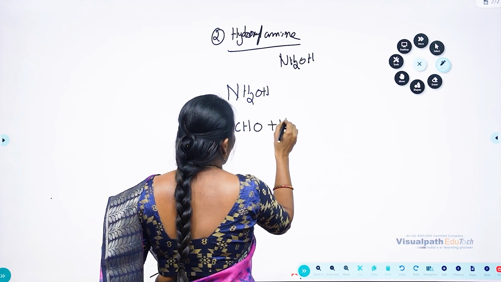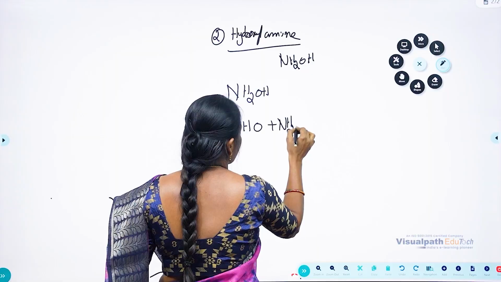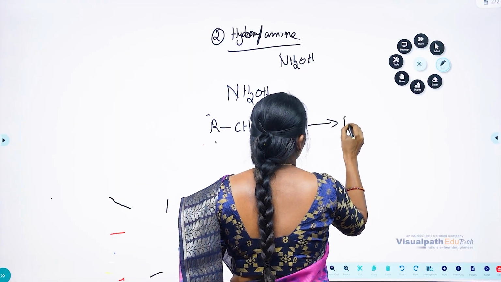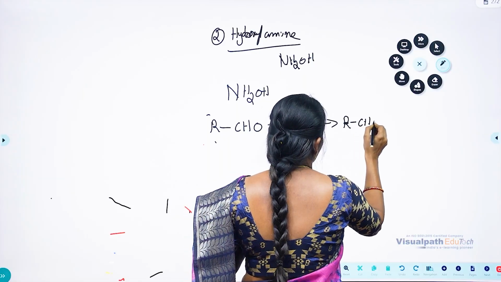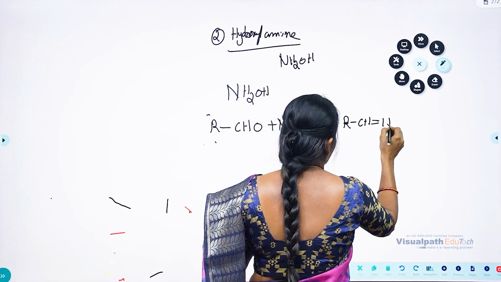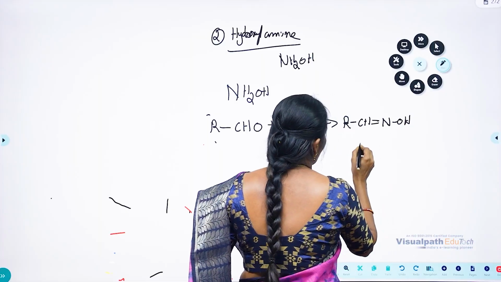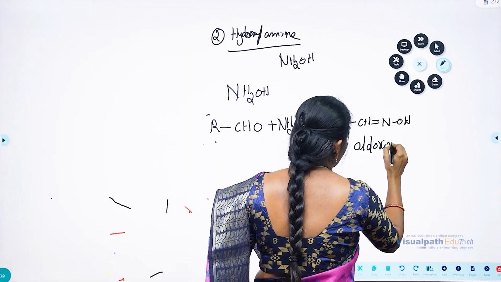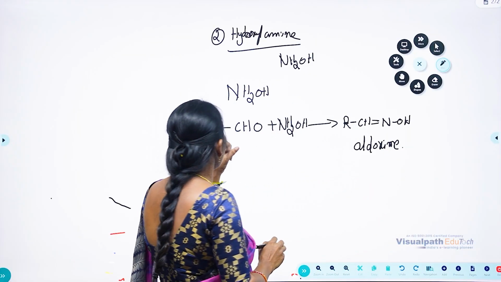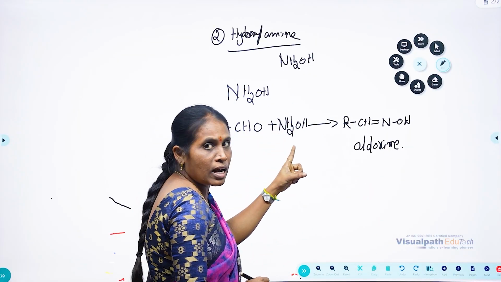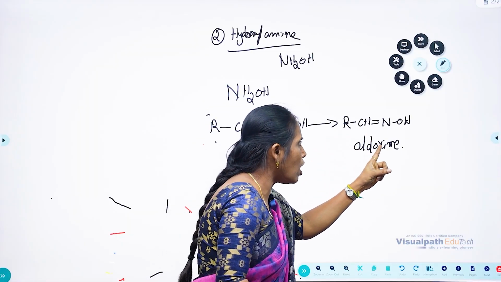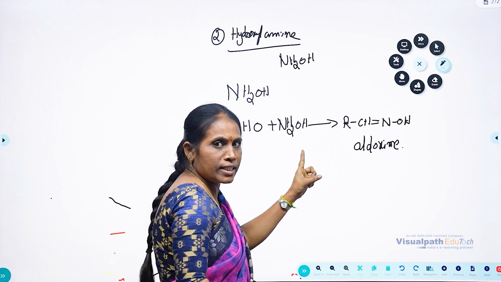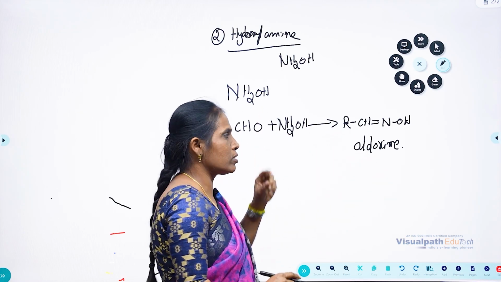It reacts with hydroxylamine, then it forms the aldoxime. Otherwise, ketones react with hydroxylamine and form ketoximes.